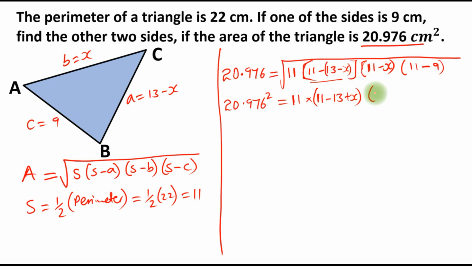Then multiplied by 11 minus x, multiplied by 11 minus 9, that is times 2.